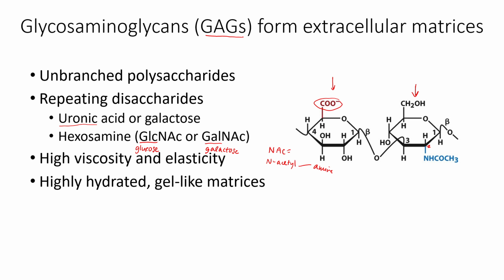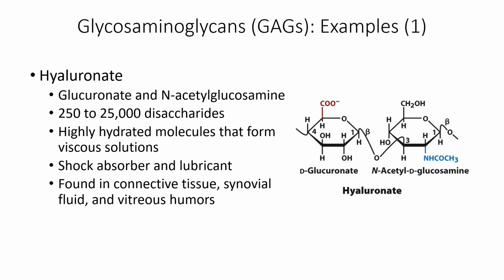But at a certain point, because of all of this negative charge character, when they get too close they start to repel each other, and that makes them bounce back to their original size or shape. That's what we think of when we refer to the elasticity and viscosity of glycosaminoglycans. Ultimately, this helps GAGs form highly hydrated, gel-like matrices that are really effective for protecting and interacting with the outsides of cells.